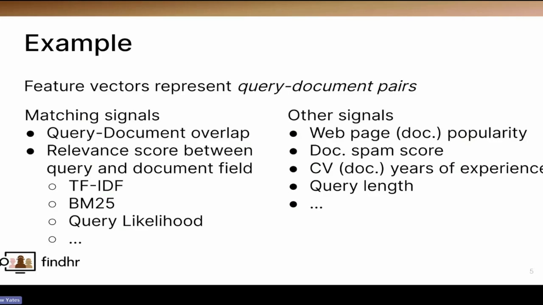Maybe many different variations of matching signals for each type of matching signal, that matching signal against all fields in the document, and maybe all the other signals you can think of. These other signals you can really break down into query signals, things like query length, or things that are computed based on only the query, and document signals, like the document popularity, document spam score, years of experience, et cetera, that I mentioned earlier.